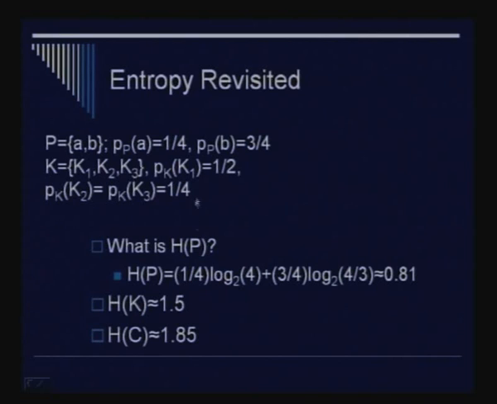Now what is the value of H(P), that is, the entropy of P? We can multiply 1 by 4 with the logarithm of 1 by 4. You can either multiply with log of 1 by px, or multiply and keep a negative term ahead. If you add all such terms, finally you get 0.81. What is the unit of this?